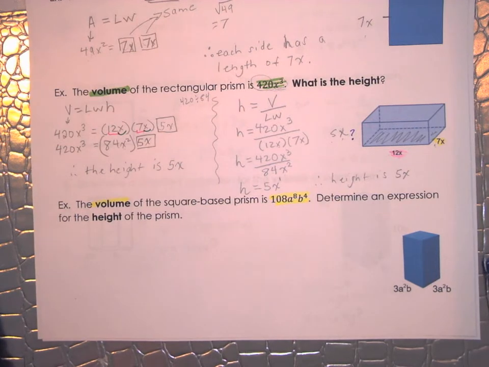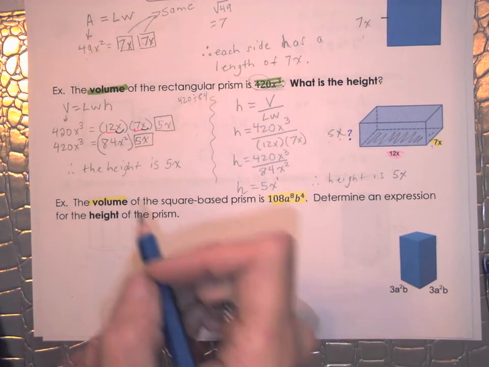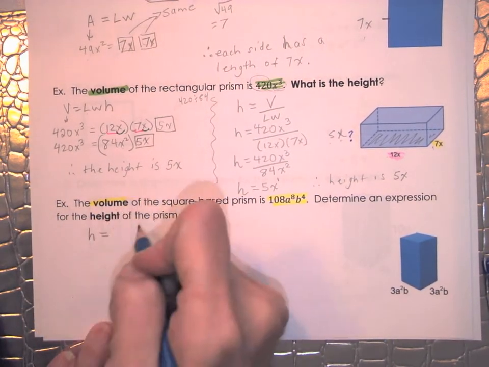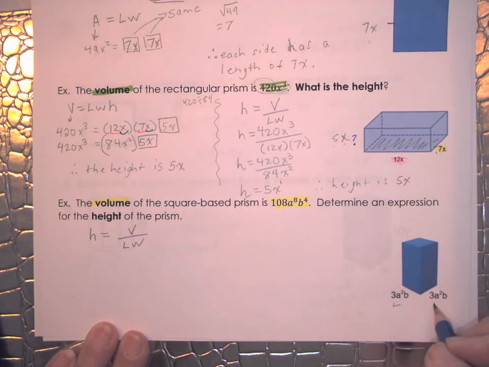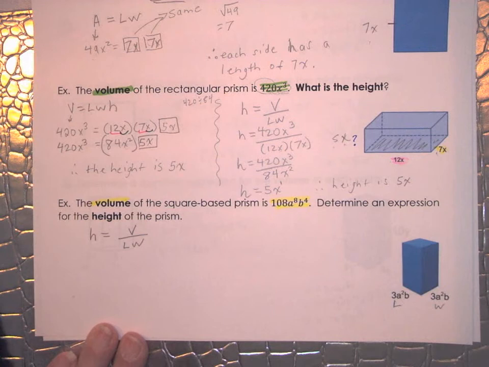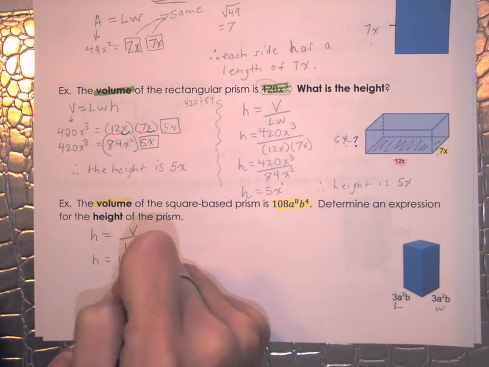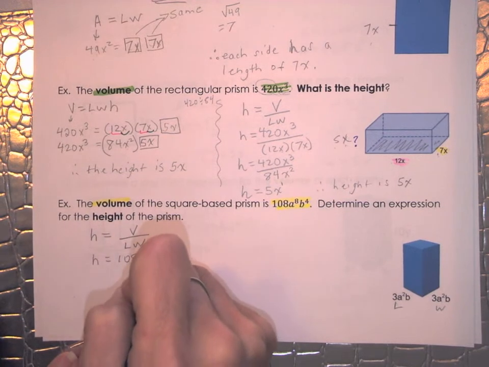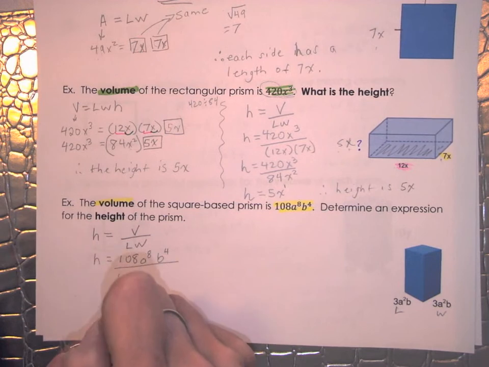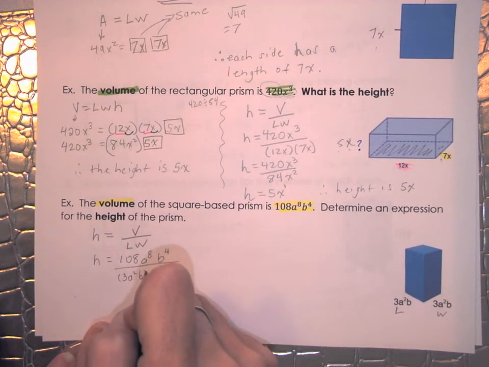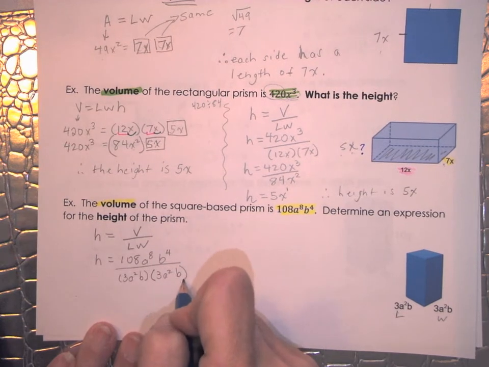So we can use one of our two methods here. I'm going to use the formula one. So I know height is volume divided by length times width. They both happen to be the same because it's a square base. So our height is 108 a to the 8th, b to the 4th, divided by 3a squared b for the length, as well as 3a squared b for the width.